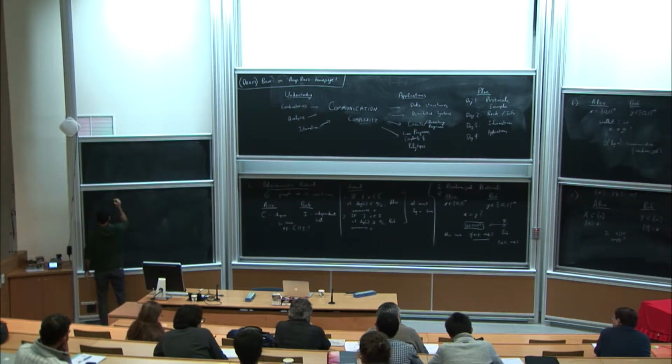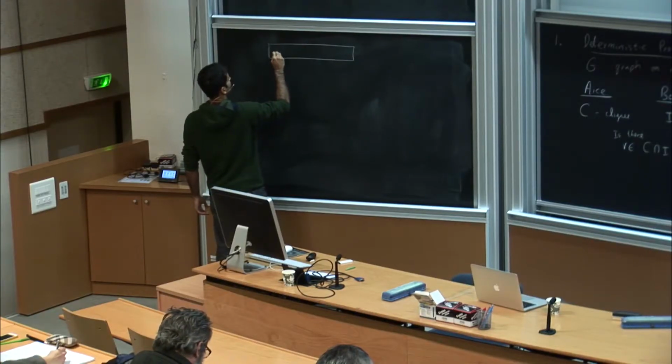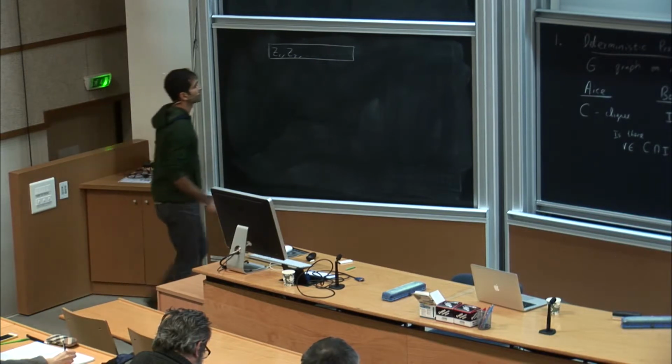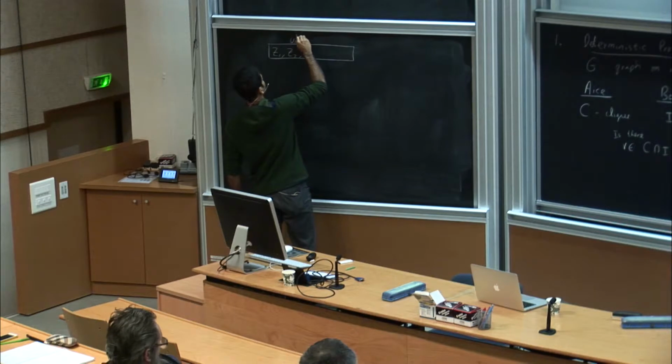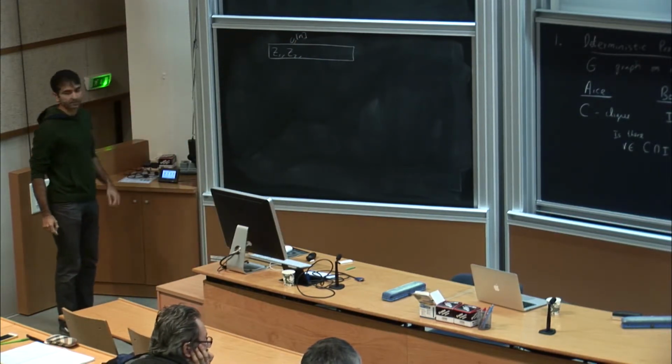So there will be a random tape here, which will contain sets Z1, Z2, etc. Just an infinite sequence of random sets, which are uniformly random subsets of 1 through n.